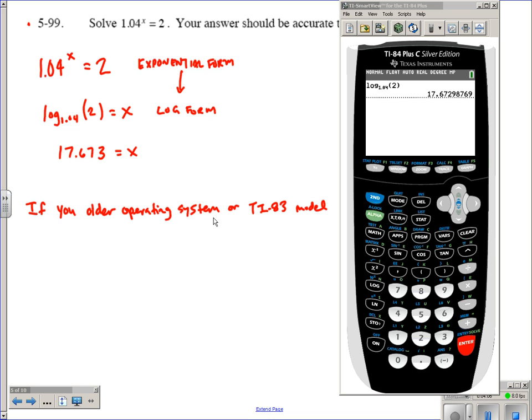If you have an older operating system, or the TI-83 model or TI-83 Plus, we can solve this by treating this equation like a system of equations.